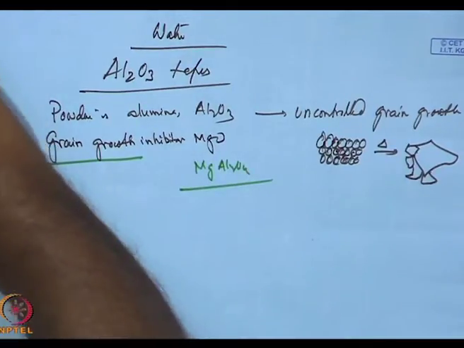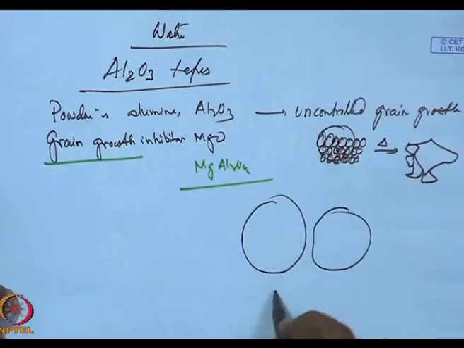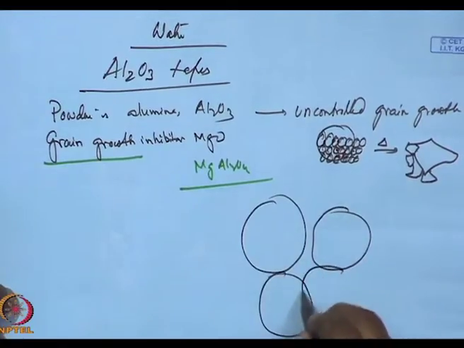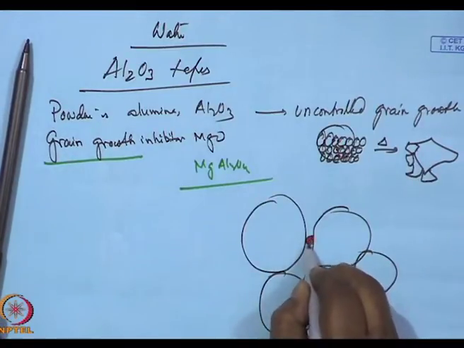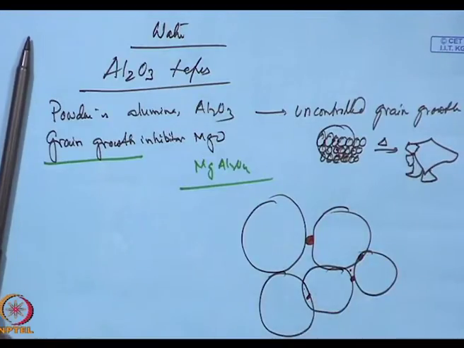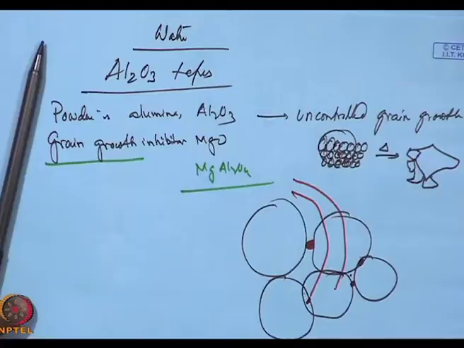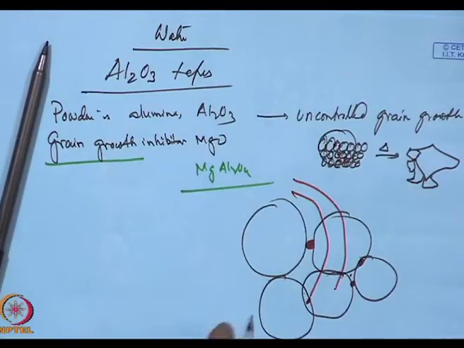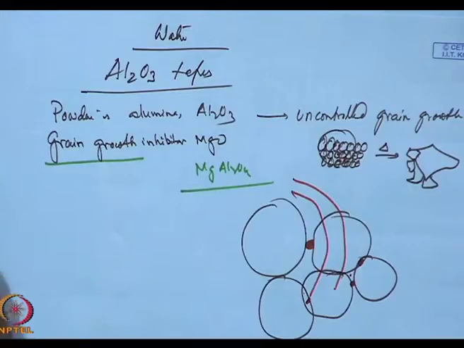If I magnify this area, let us say I have got these large grains, and the MgAl2O4 is sitting out here, it is sitting out here, it is sitting out here, it is sitting out here. It will not allow the grain to grow larger, simply because it presents a phase boundary for the particle size to increase. Now, this is a crude example, a crude drawing, but that is how MgAl2O4 works.